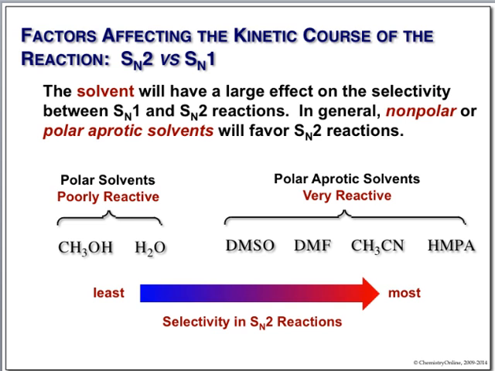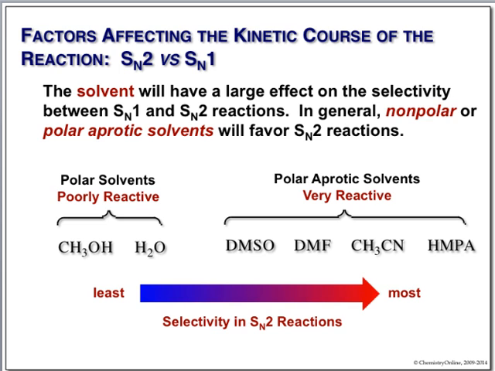Well, charges are most stable in polar solvents, aren't they? So if you want an SN2 reaction, you don't want carbocations. Therefore, polar solvents are really bad. For an SN2 reaction, you want a non-polar solvent.